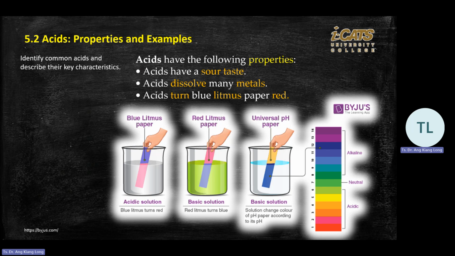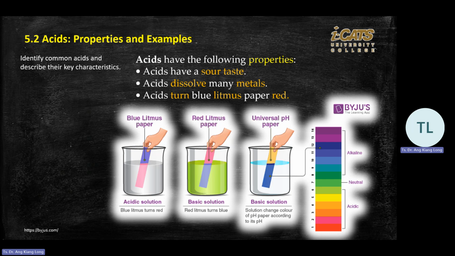You learn about physical and chemical properties. So: sour taste, dissolves many metals, not any metals. This is a careless mistake some of you make. It's many, not any. Many metals, so think about aluminium.